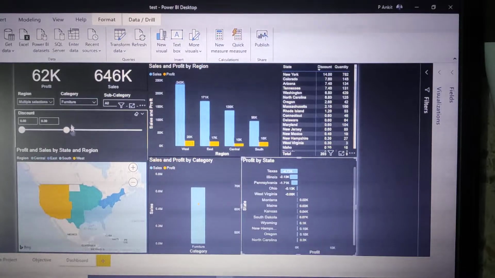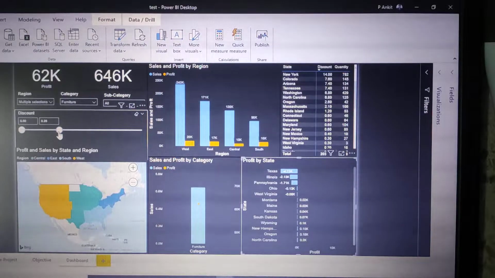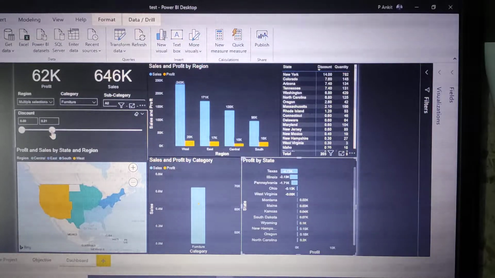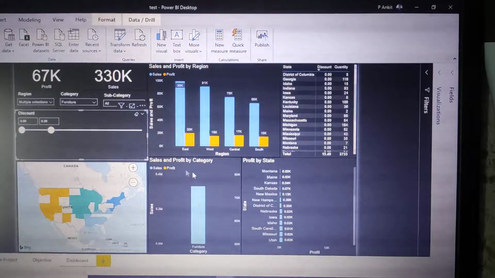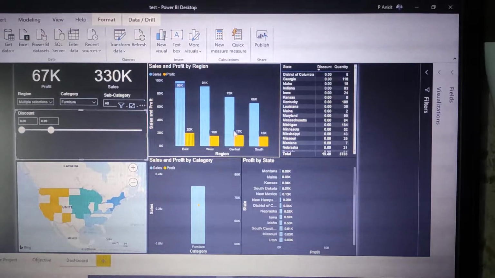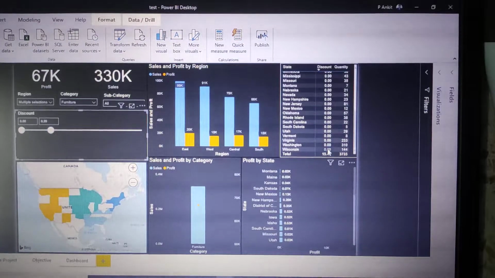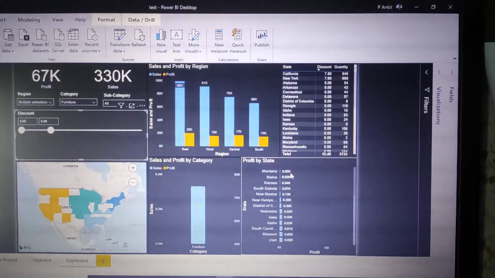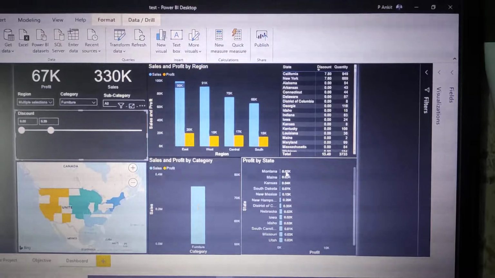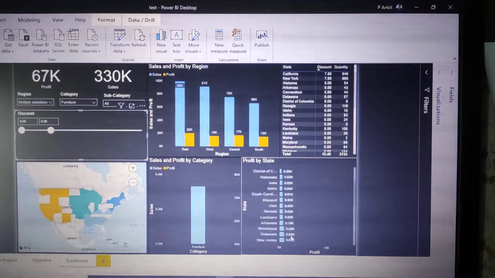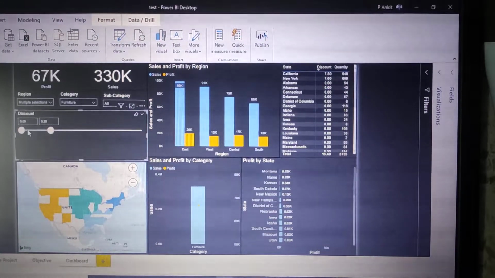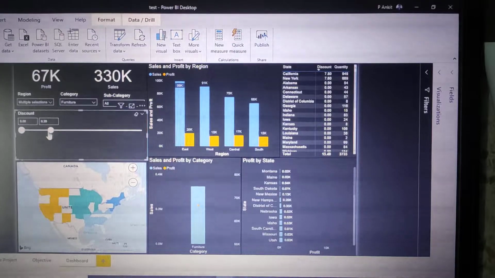So I will decrease it further to 20% and see how it behaves. At 20% we have greater profit in the furniture category, and nothing in the negative. So this is for the furniture category.